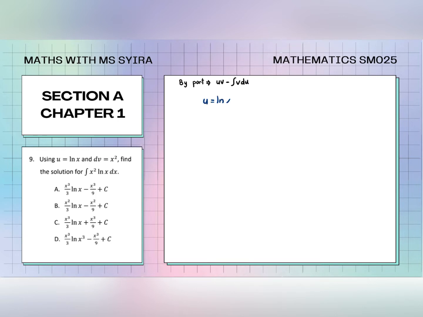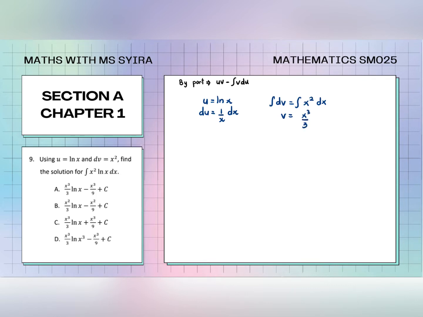We differentiate u. So du equals, differentiating ln gives 1 over x dx. Remember, integrating 1 over x gives ln, so differentiating ln gives 1 over x. What should we do with dv? We integrate dv. Integrate x square, the power increases, so x cube over 3.